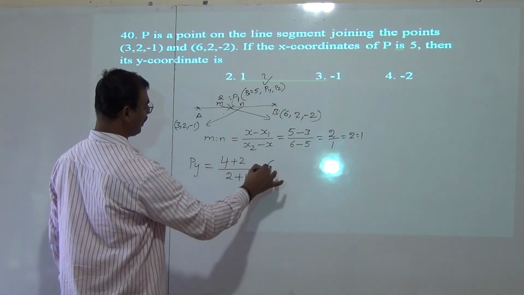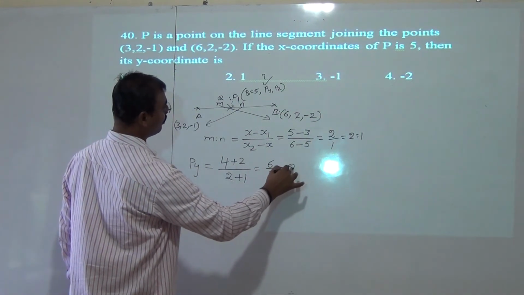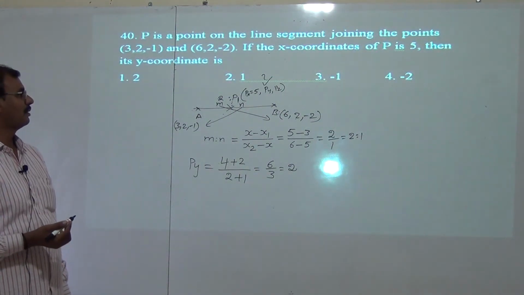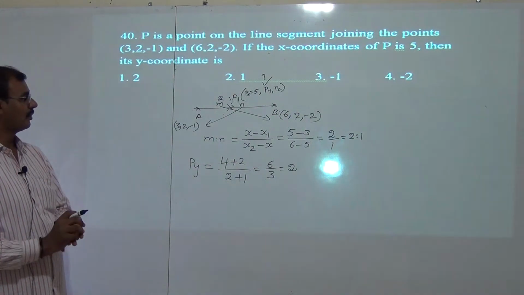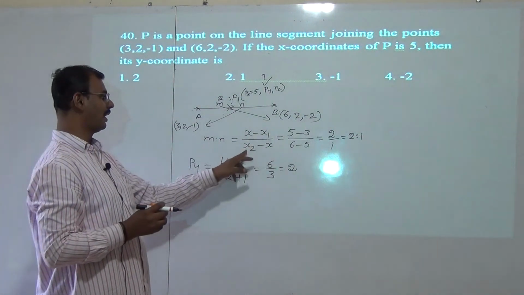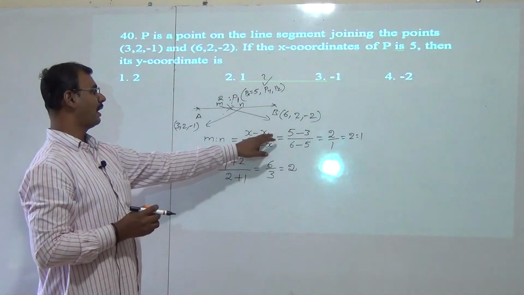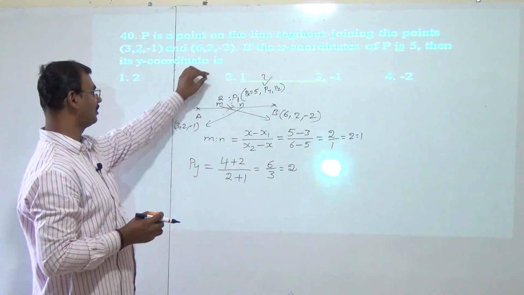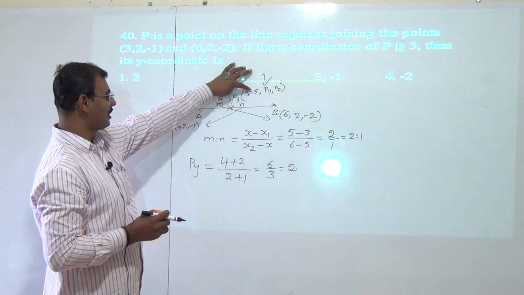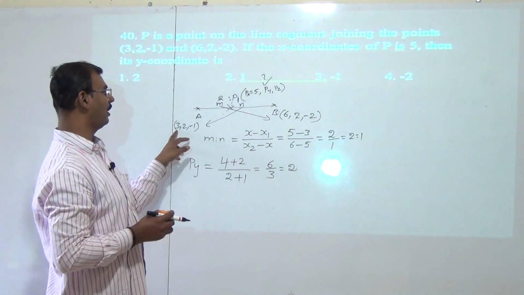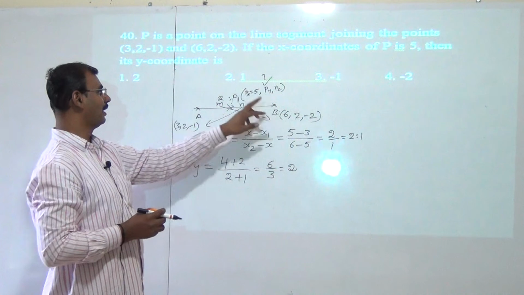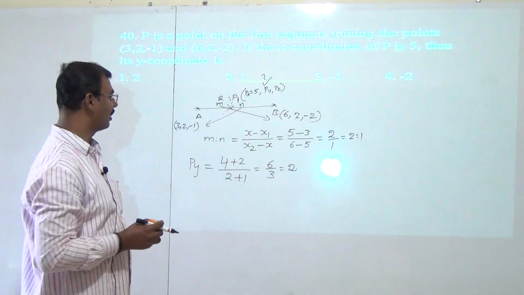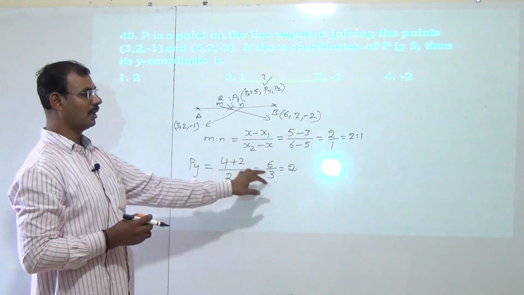This is equal to 6 divided by 3, which is 2. Whether mx2 plus nx1 by m plus n, or x minus x1 by x2 minus x, or x1 minus x by x minus x2, it is the same concept. 5 minus 3 divided by 6 minus 5 is equal to 2:1. We get the y coordinate also. Get the ratio first, then the coordinate of y.